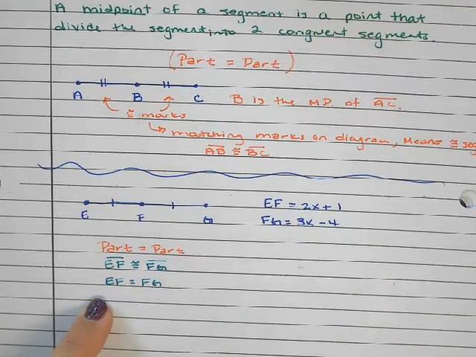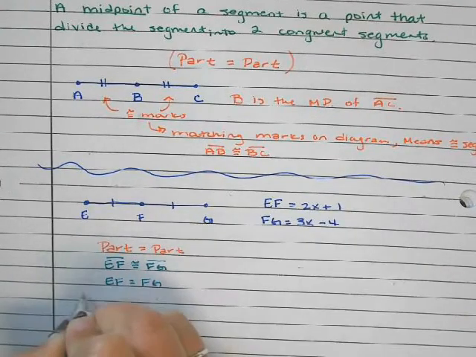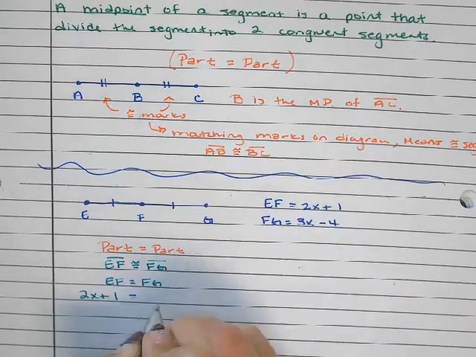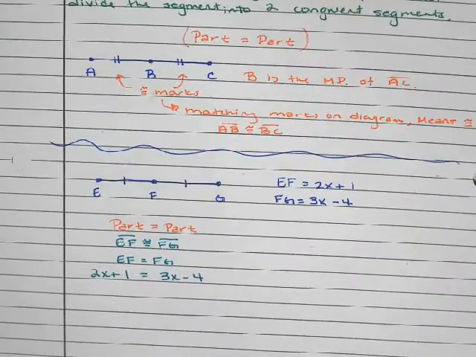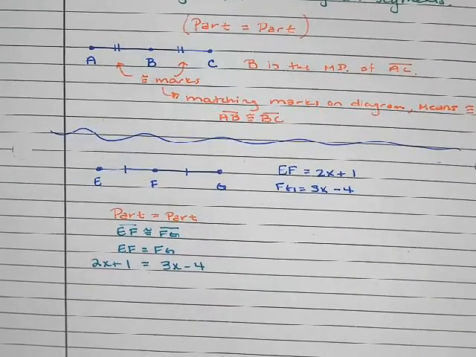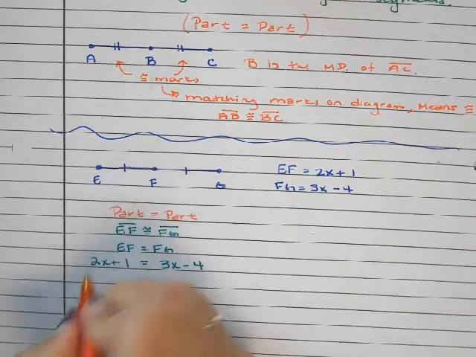They're written though as expressions, but I'm going to plug them in. So instead of writing EF, I'm going to write 2x plus 1. Instead of writing FG, I'm going to write 3x minus 4. Then I'm going to use my algebra skills to get x by itself. So I would subtract 2x from both sides.